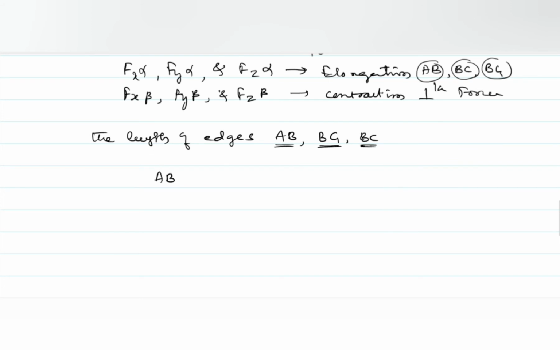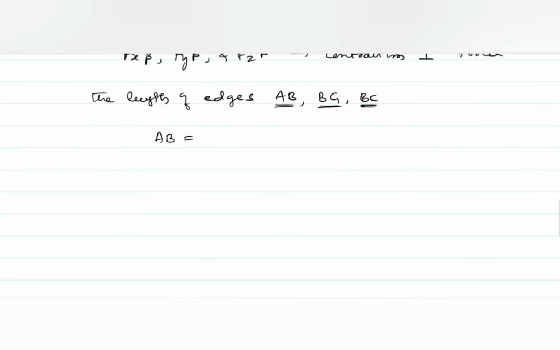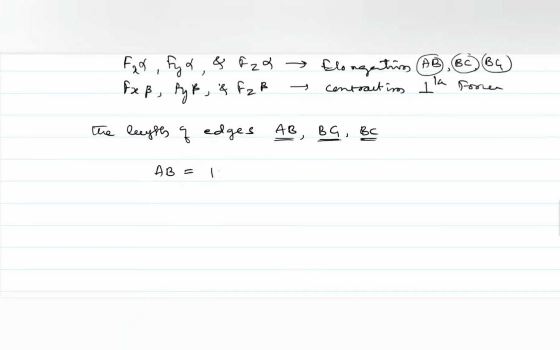I will take first AB equals to 1 unit, already I have AB length as 1 unit. And then next, if you apply the force in the x direction, then the elongation will take place, that is f of x into alpha. Therefore, if the elongation takes place in the direction of f of x, similarly the contraction will be produced in the body.